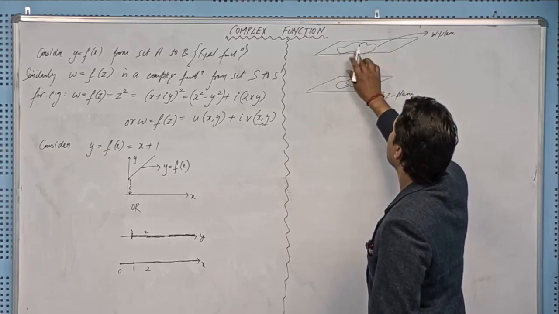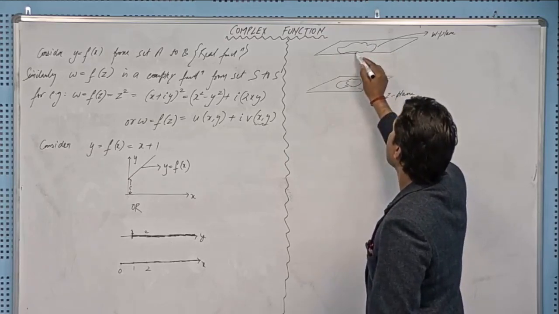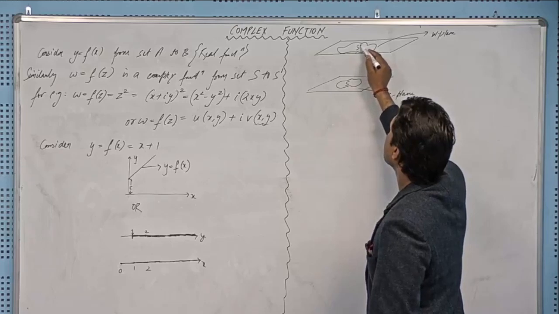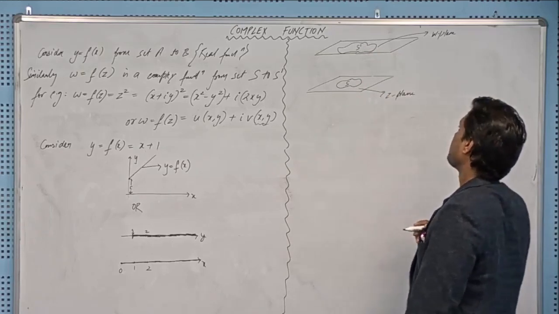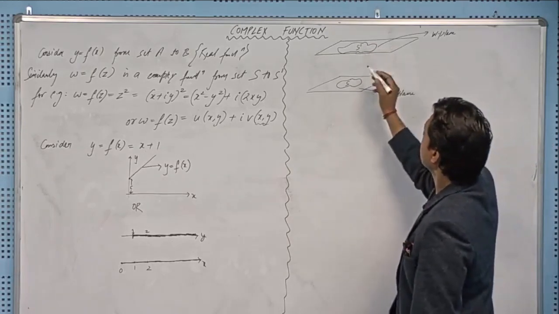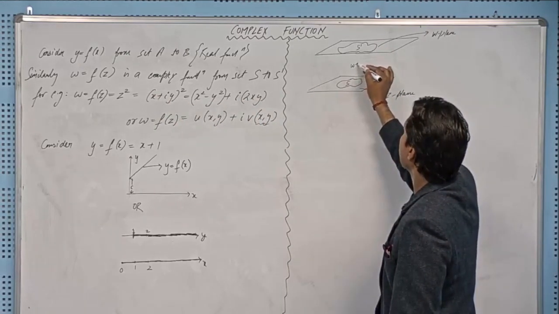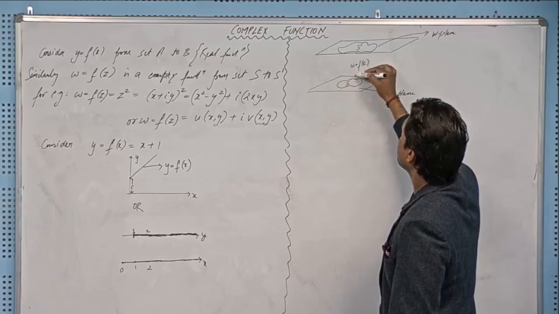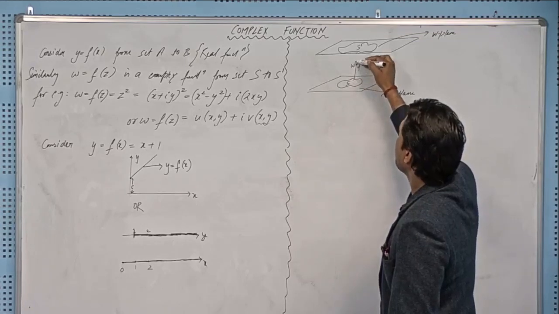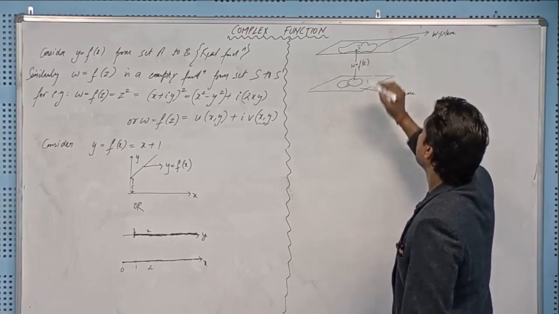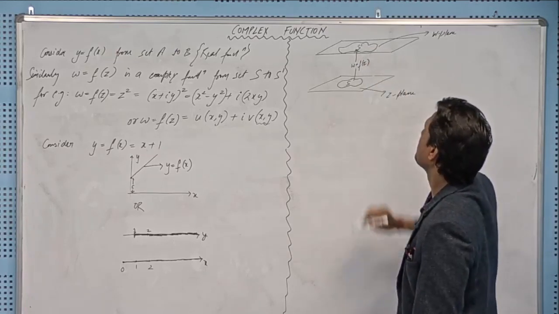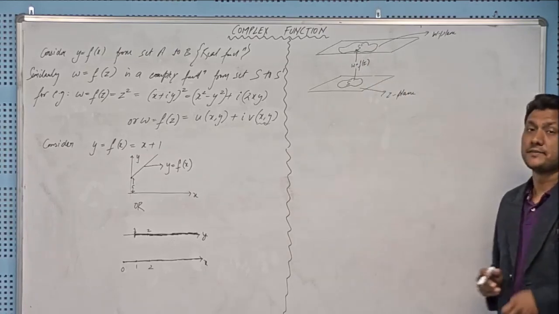Something big, magnified, okay, S dash, right? And between them, there is a complex function which is working like a machine, right? Taking the input from this and giving the output as S dash.